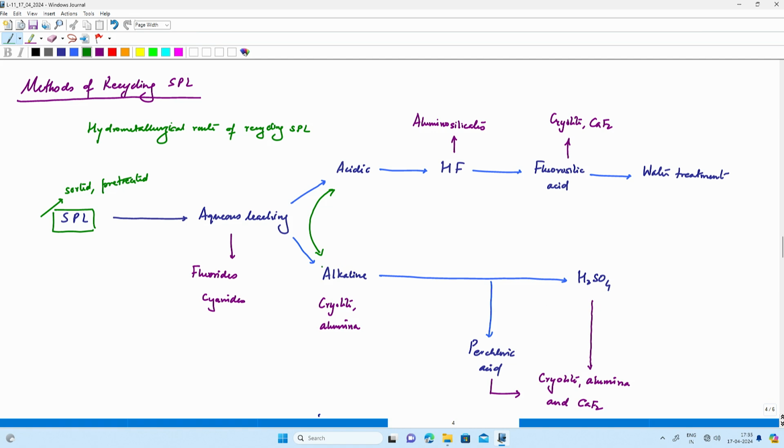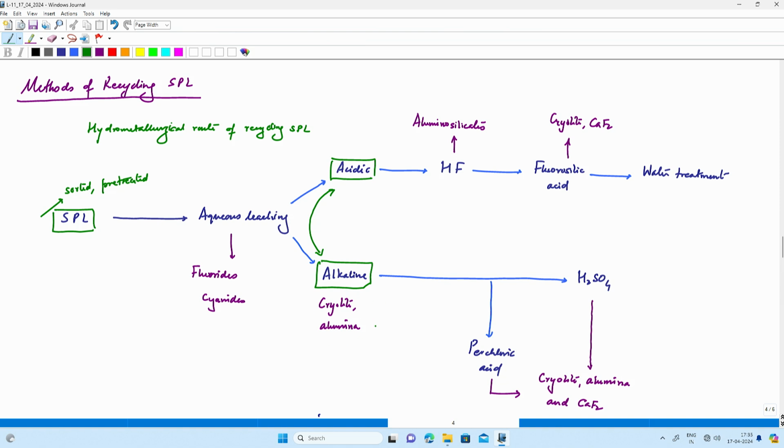So we begin with alkaline. Of course, after aqueous leaching, we have the alkaline leaching. In this case, we had the acidic leaching, right? We are beginning with alkaline leaching. We can use NaOH or KOH, and of course NaOH is a better reagent here.